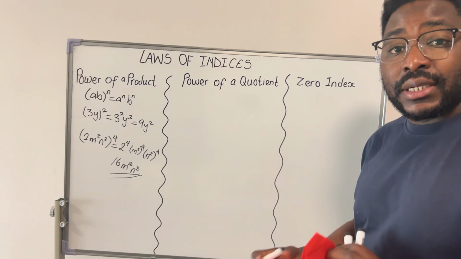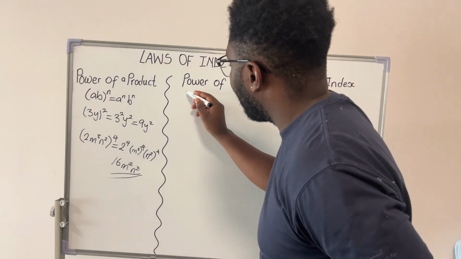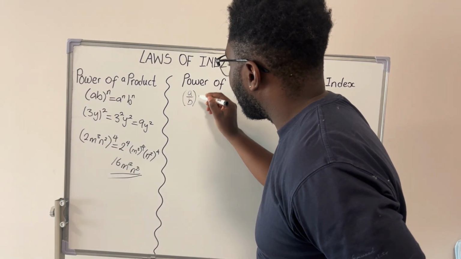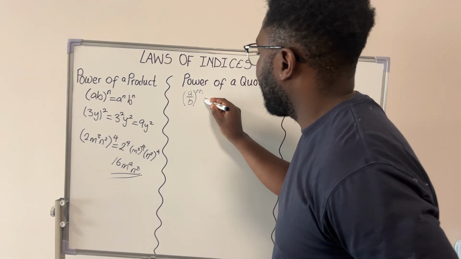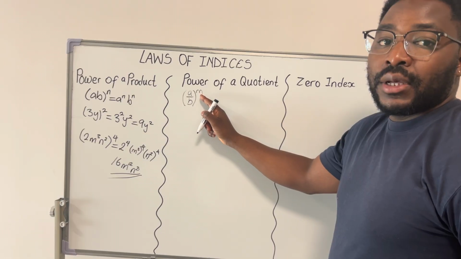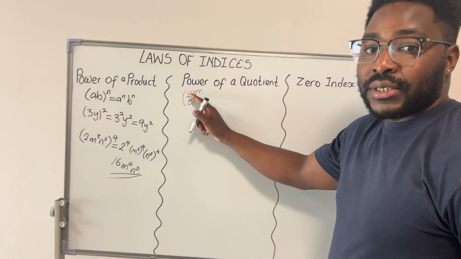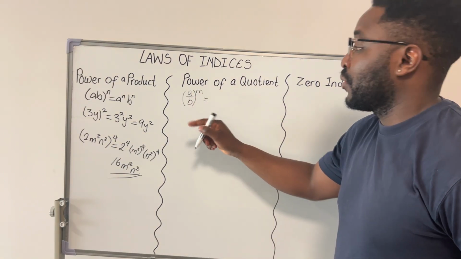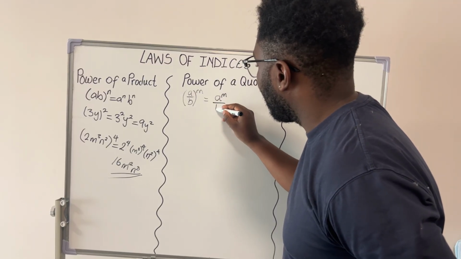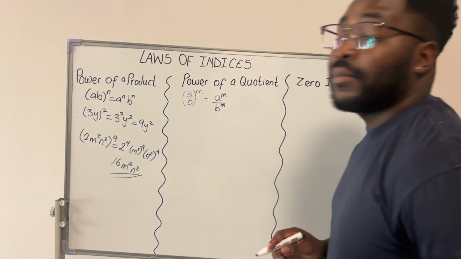How does that look? Let's say we have a over b, all raised to n. All we have to do is distribute the index to the numerator and denominator. So that gives us a to the power n over b to the power n.